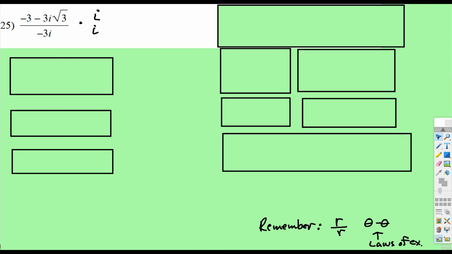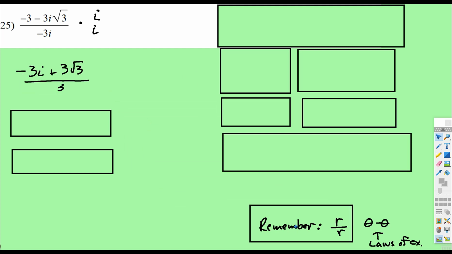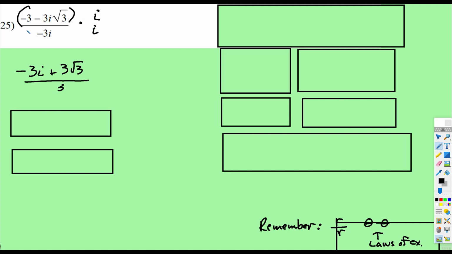Here we have an a plus bi being divided. So you're going to multiply. In this case, it's not the conjugate because there's not two terms down here. We just have to multiply the numerator and denominator by i. Well, i times i is -1. -1 times 3 is -3. -3 times i is -3i. -3i times i ends up -3 times -1, which is +3 times √3.